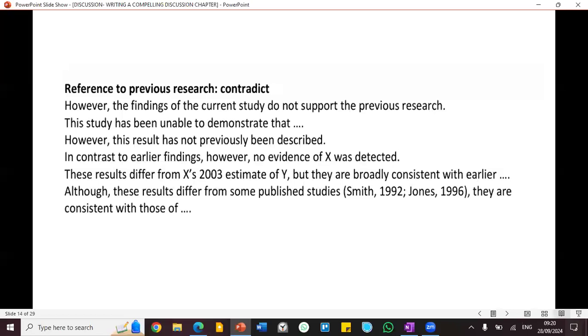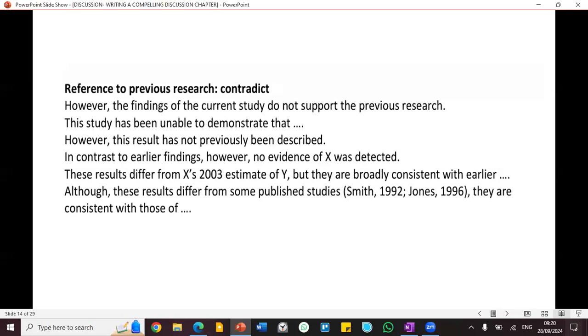You can also introduce a section, or in your paragraph, findings that are contradicting. For example, maybe you are saying that your findings were showing that this gender is the one that is prone to a specific disease. But now your findings are showing something contrary, or the literature gives something contrary to your findings. So there are phrases you should use to introduce that kind of statement.